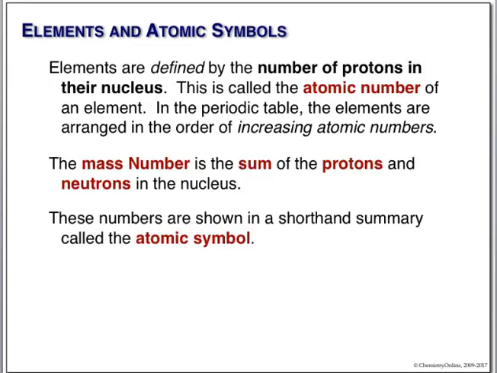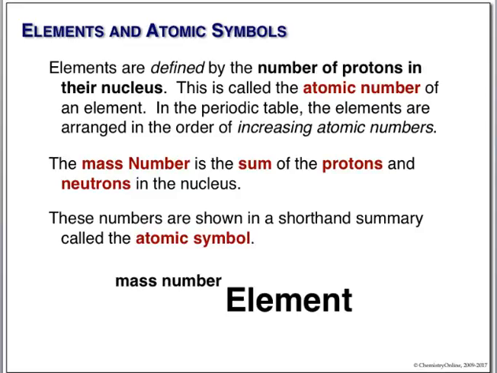We can write what's called an atomic symbol. The atomic symbol is going to be the symbol for the element. So C for carbon. And it's going to have what's called a mass number and the atomic number. They're going to be arranged this way. We start off with what our element symbol is. Next, as a superscript in front of our element, we're going to put the mass number.